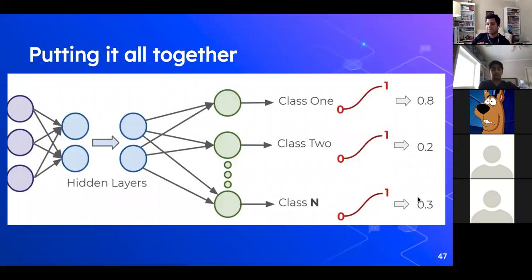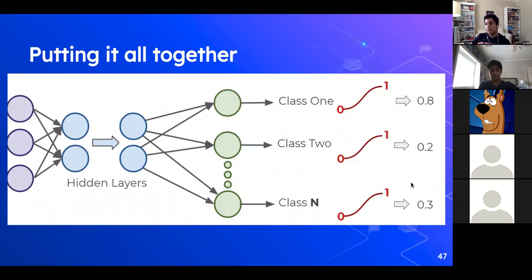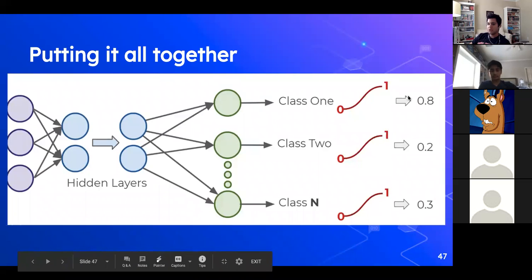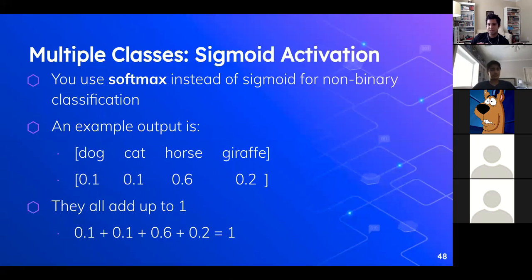Let's say magenta was 0.3. What it would do is take all these probabilities and look for the largest one, right? The largest one is clearly 0.8, and as a result, it would put the check mark in the red box or the class 1 box. So yeah, that is how a neural network works with activation functions. I hope activation functions now make sense.